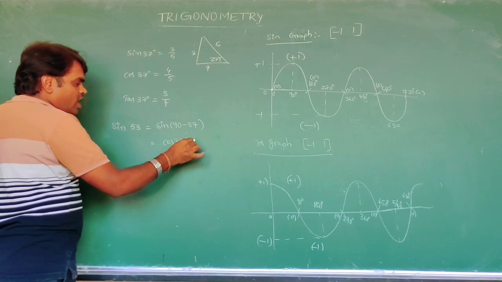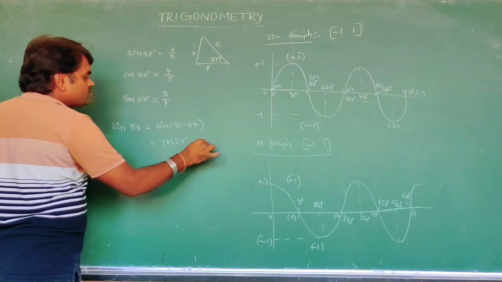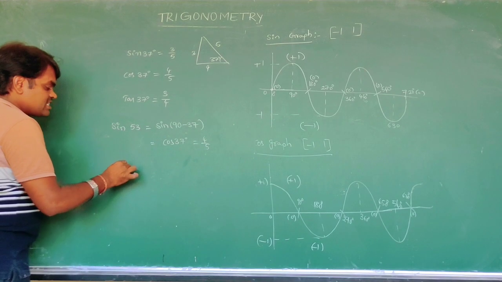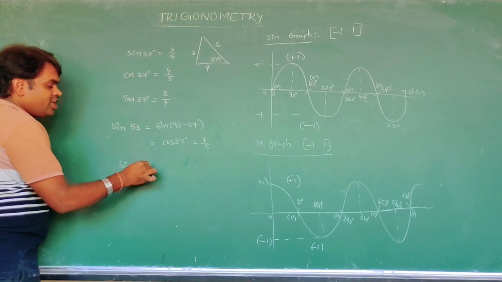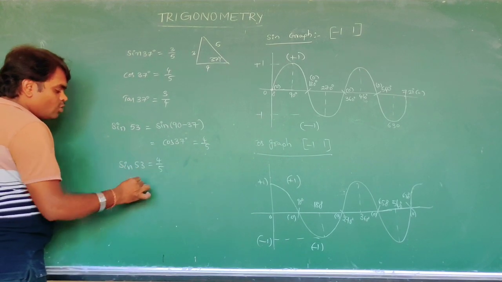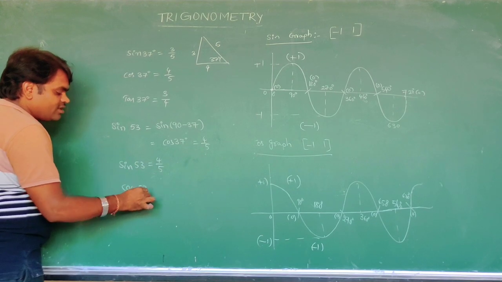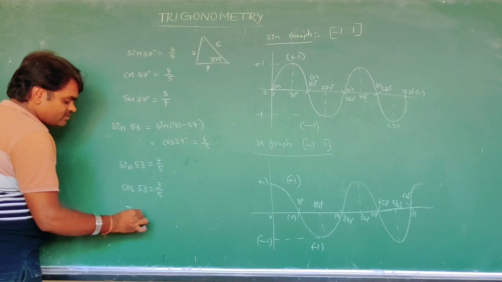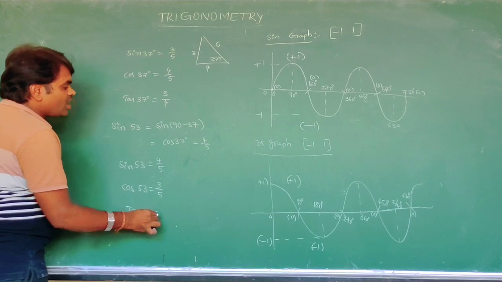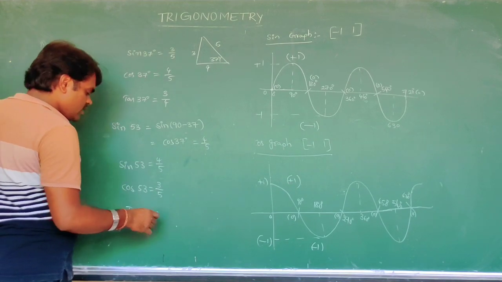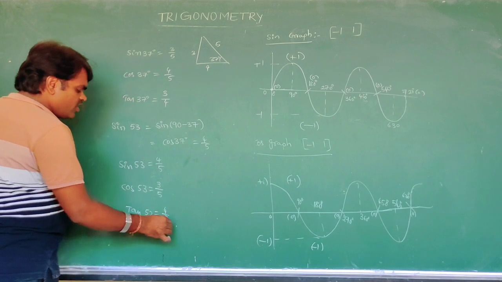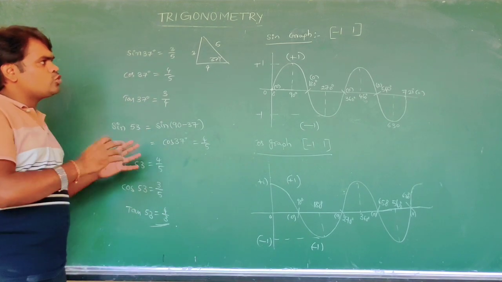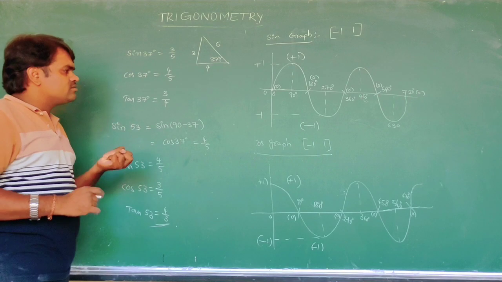Cos 37 value is 4 by 5. So sine 53 is 4 by 5. What about cos 53? It is 3 by 5. What about tan 53? Tan 53 is 4 by 3. It's very important; we use these values frequently.